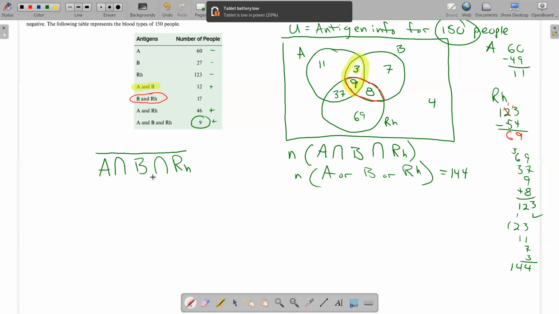So everybody that doesn't have any of those. Now, sometimes a slightly different notation we see there would be A union B union RH in parentheses with a C for the complement, right? So this or that mean find the complement. And we just calculated this 4 in that group.